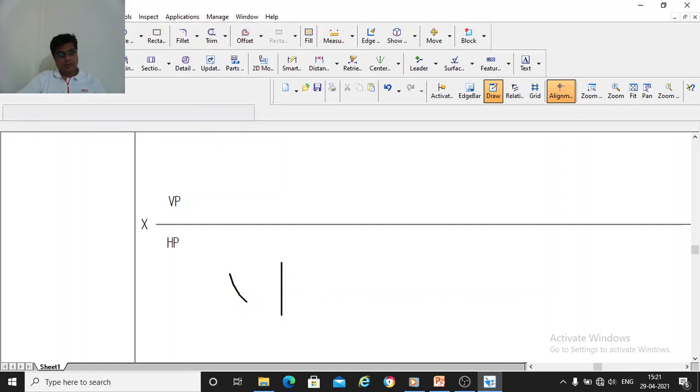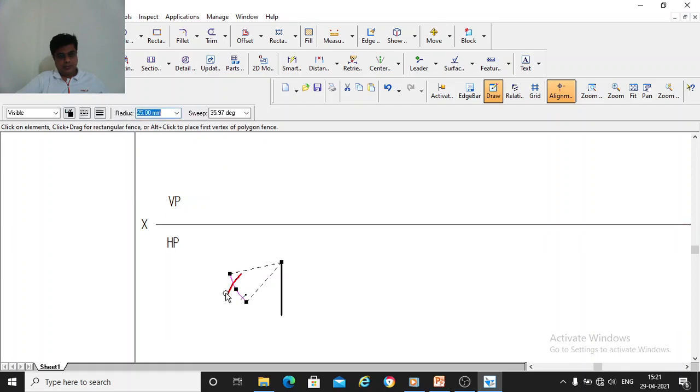Similarly, take the compass, again measure 25 mm, keep the center on this end now, and draw one more arc. They both will intersect here, and the arc should be thin and light. So these two arcs are intersecting here. This point is the third corner of the triangle.